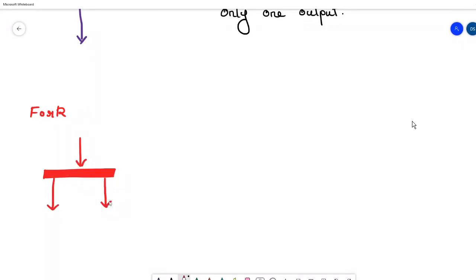So in the fork we can say that it receives a single input and it branches and gives the data flow to different activities. So we mainly use it for branching the flow into two or more parallel flows. So we can say that we use it for the branching of flows.